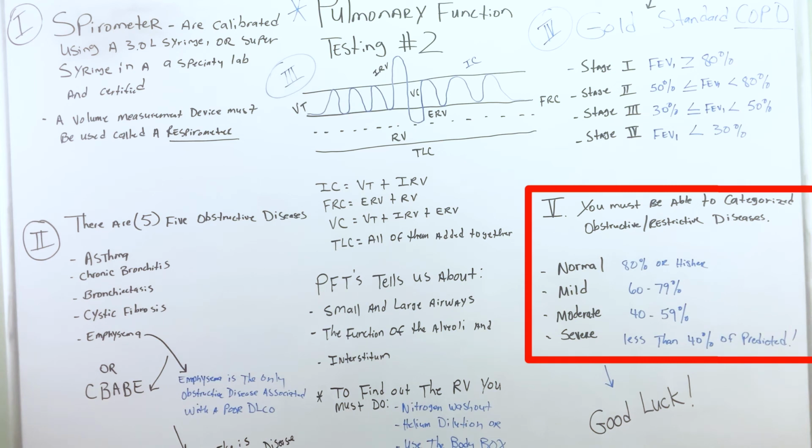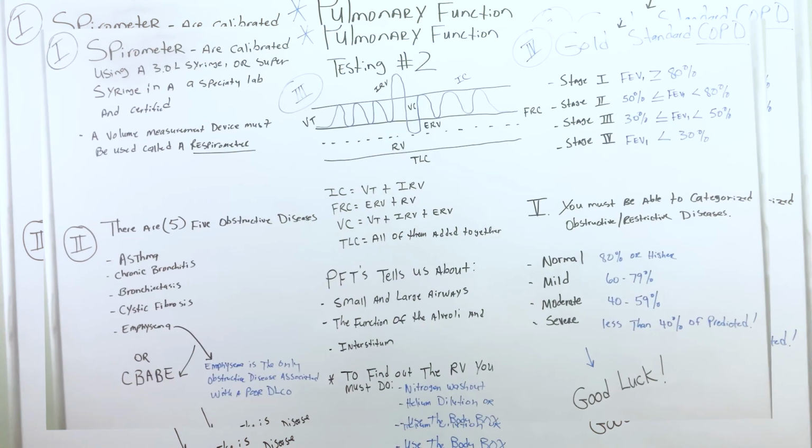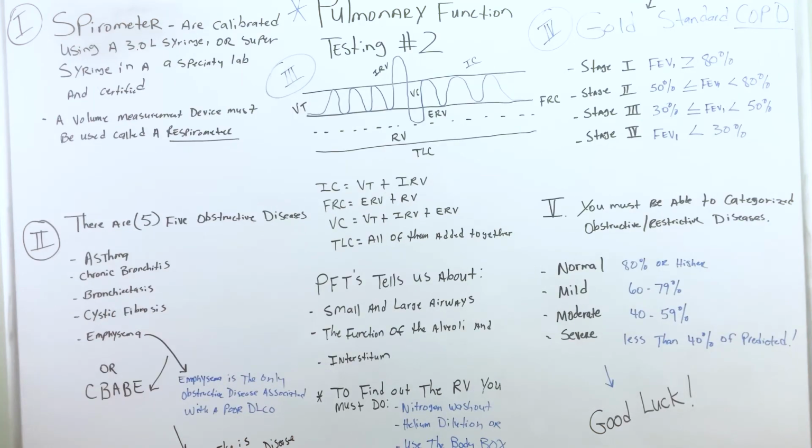If there is moderate impairment, that means they are at 40 to 59%. Severe is when they have less than 40% of predicted. And all of these numbers are percent of predicted. And there you have it. Good luck. Screenshot the board or go back and listen to this video before you sit for the exam.